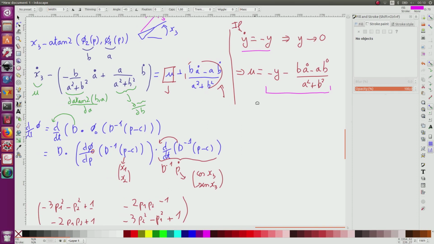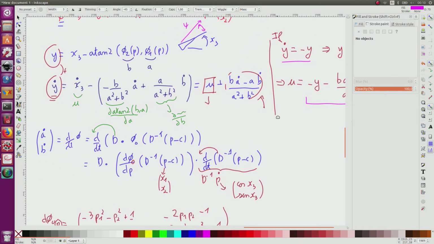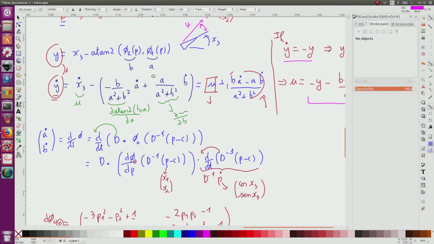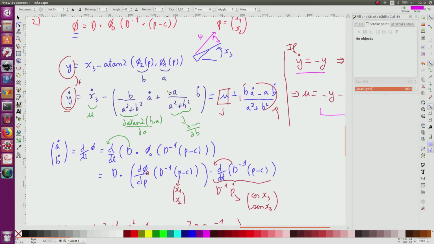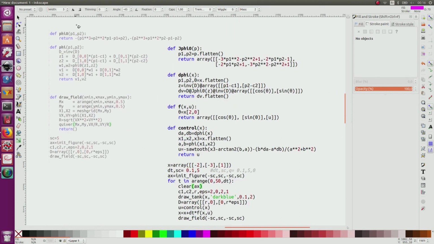Now, without changing the derivative, to avoid jumps between 0 and 2 pi, I will have to add here the classical sawtooth function. So it will not change the derivative, so it will not change the reasoning, but it will make it possible to avoid the jumps of 2 pi.